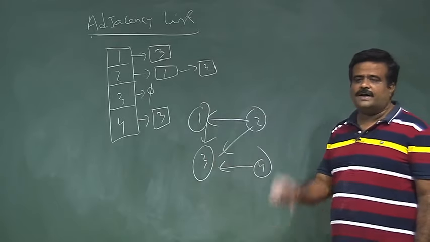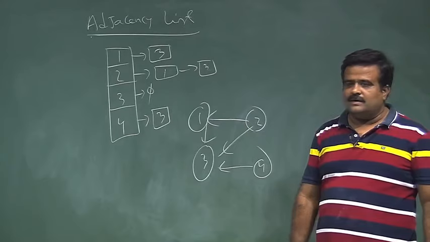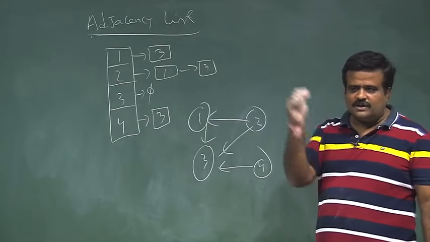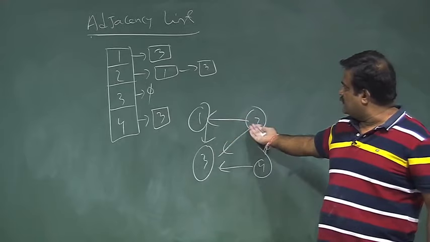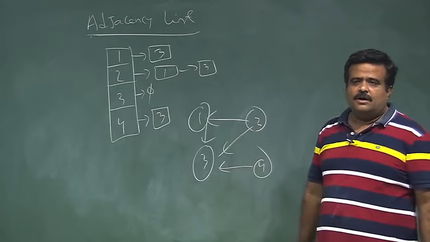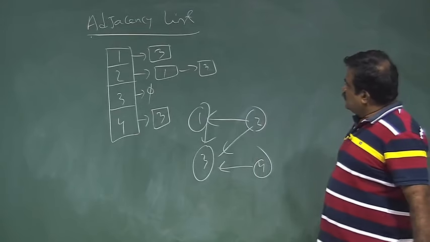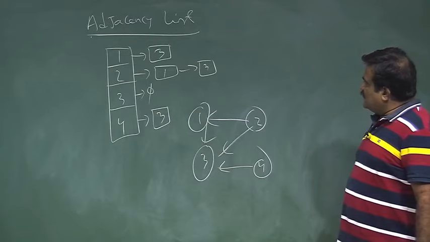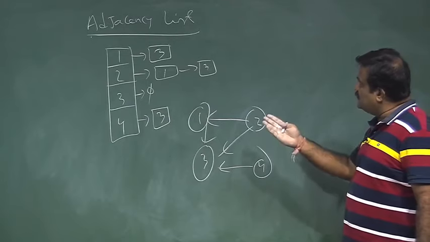So, from each vertex we have a linked list kind of thing, which contains the vertices which are connected to it. If it is a directed graph, we follow the direction; otherwise if it is an undirected graph, we have no direction, so we just take the vertices connected to this. So, this is the adjacency list representation.